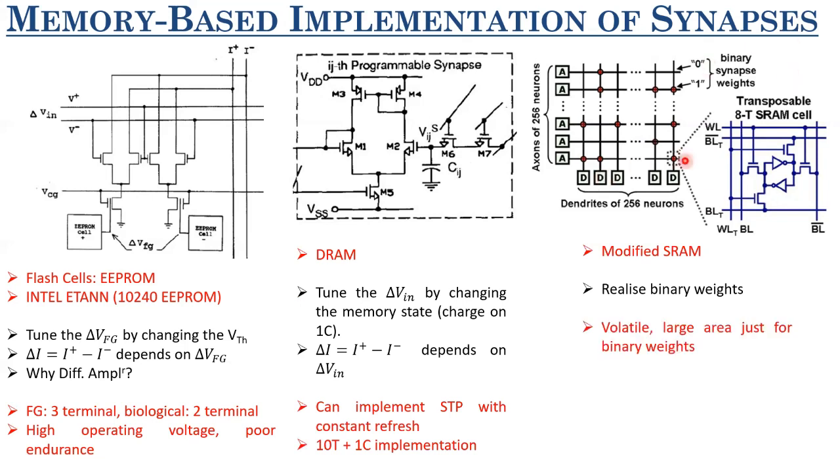However, it's volatile. That's its biggest problem. And it requires large area just for storing 2 weights, 1 and 0. So that is one of the major problems. However, we can use NVSRAM that can remove its volatile property and make it non-volatile. But at the same time, you increase the number of memory elements or transistors, and the area increases further.